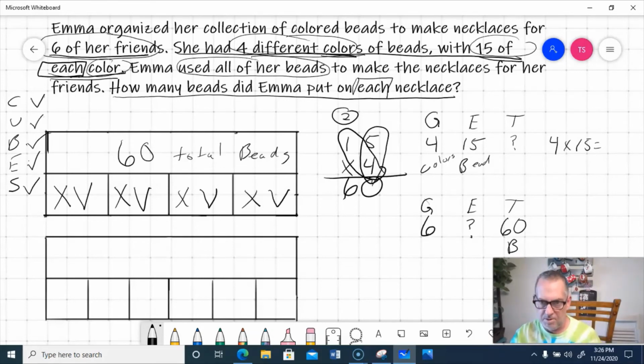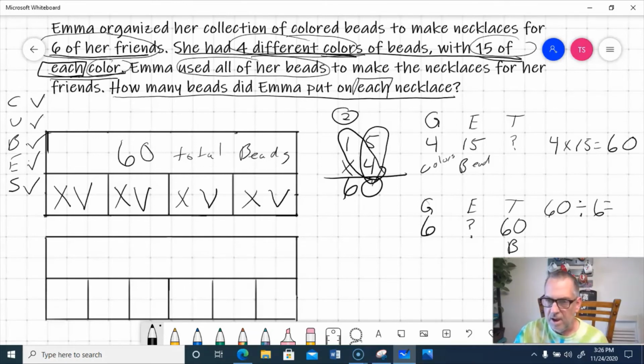So when I'm using the GET strategy, and I know what the total is, that sounds like it's going to be a division problem. And the division problem is 60 divided by 6. I forgot to put my 60 up here, which was my answer to 4 times 15. So I need to figure out what 60 divided by 6 is.